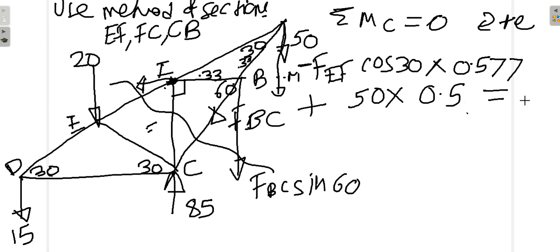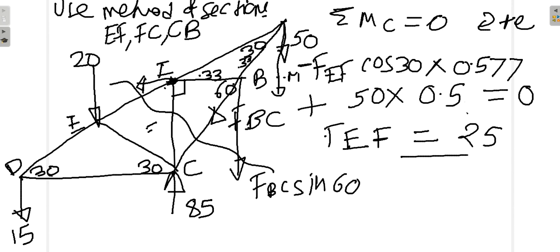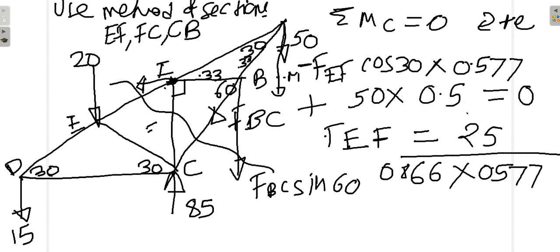And the sum will be 0. We are taking moments about C. We already computed the perpendicular distance from here to here as 0.5. So that gives me EF into 0.577 times cos 30 equals 25, so EF is 25 upon cos 30, 0.866, into 0.577. Please do this calculation and let us see what value we get for FEF.